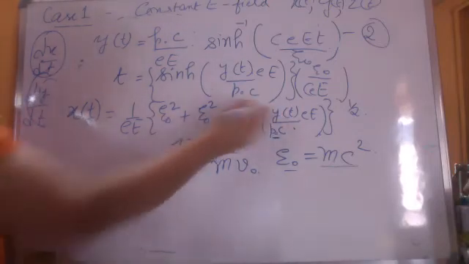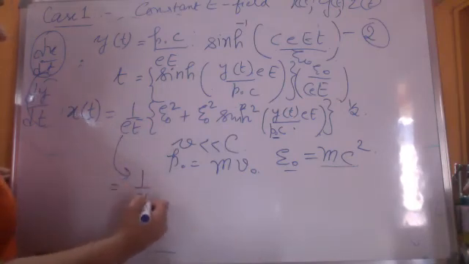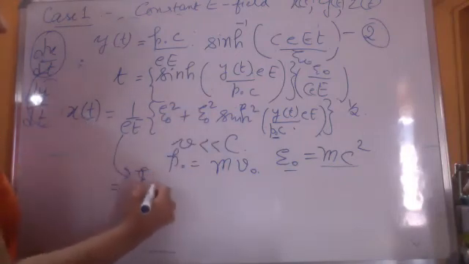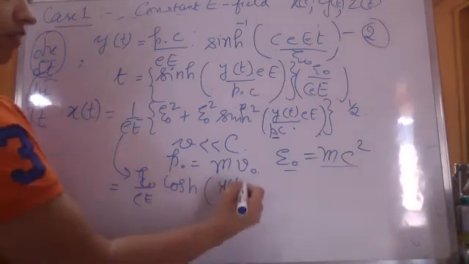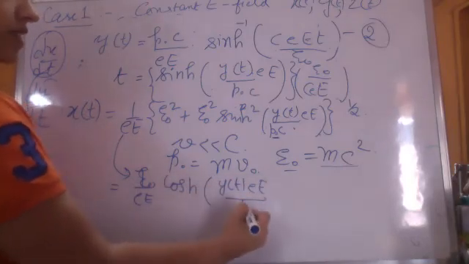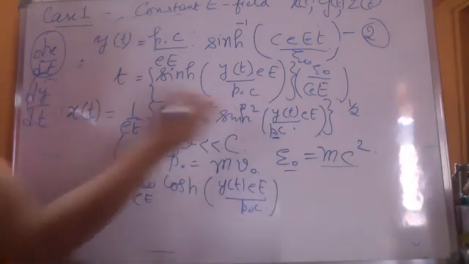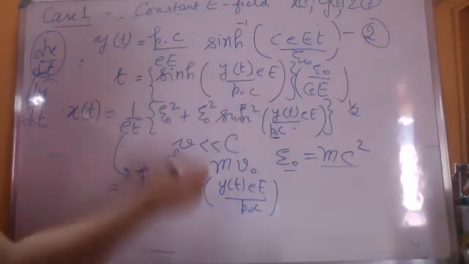In fact, I can simplify this expression further. It even makes it simpler to look at, that I can write this expression as E naught cos hyperbolic of y(t) E by p naught c. Because if I take E naught common, this is 1 plus sine hyperbolic square. So this is actually this.